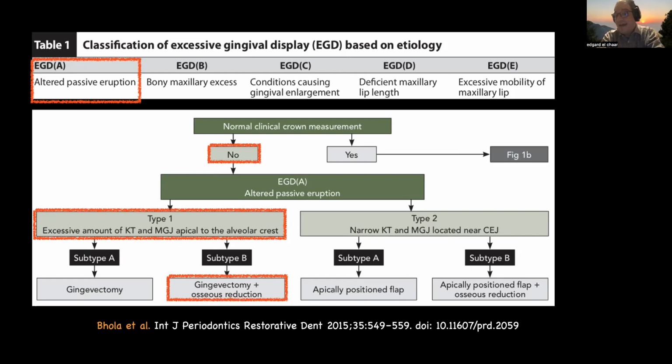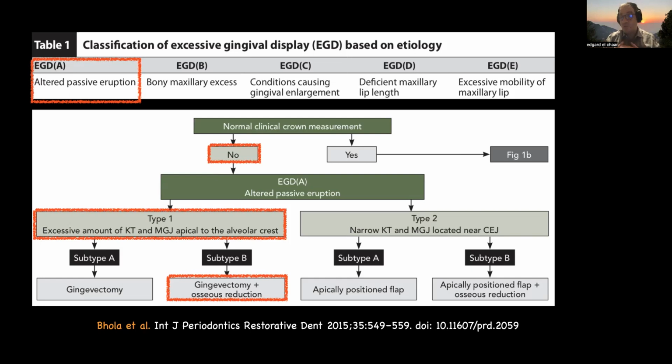If it is at the neck of the tooth and we need to elongate it, then we have to recreate what we call a biological width, which is the normal distance between the bone and the neck of the tooth, in order for the gum to stay higher up or lower down from the neck of the tooth to give the whole length of the tooth.